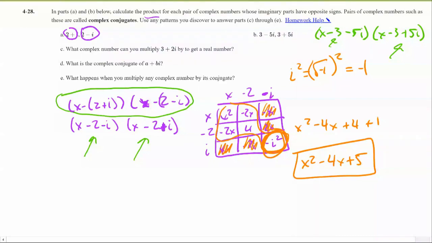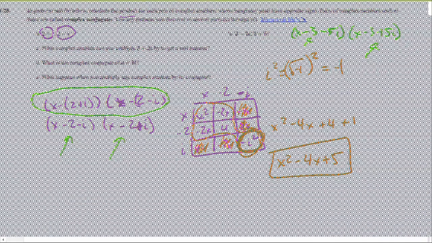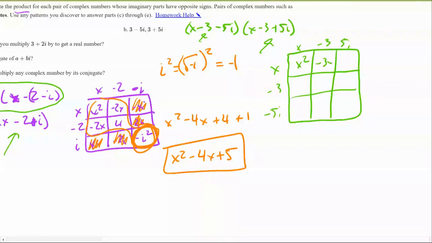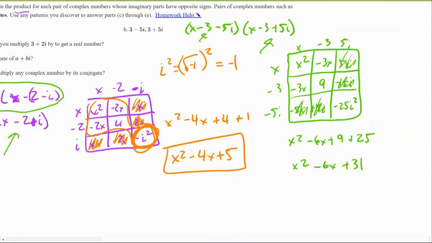So now I'm going to go ahead and throw it in a box, and we are going to see what we get here. So once I plug that into the box and I get rid of anything that cancels out, add everything together, and remember this minus 25 i squared changes to plus 25 because i squared is -1.